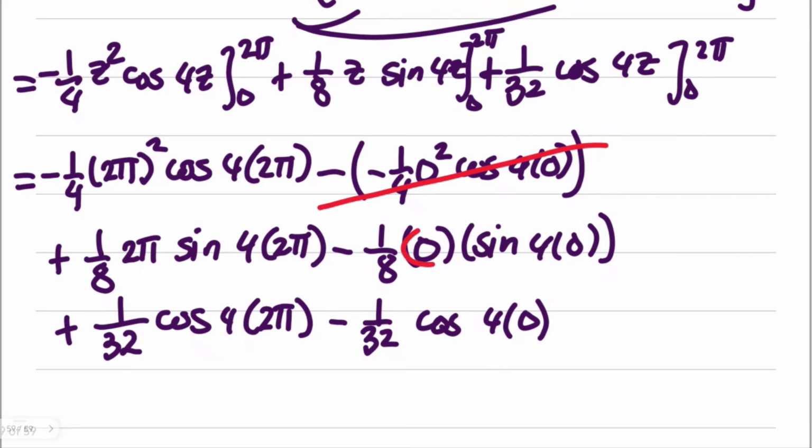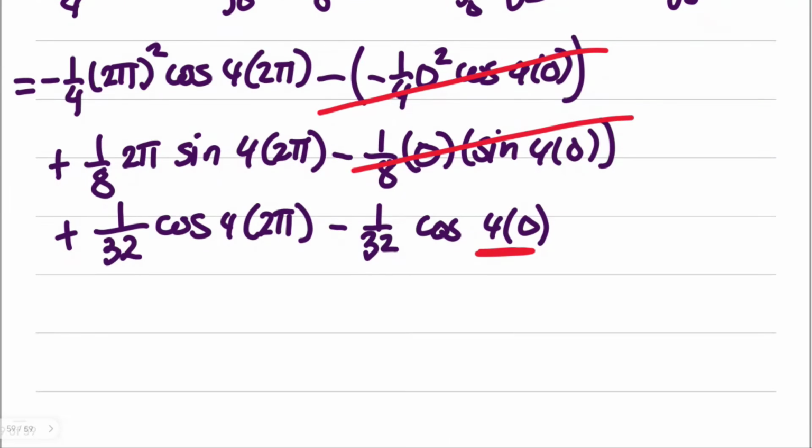This is also a 0 factor, so that's 0. Cosine 4 times 0, or cosine 0, is 1. So it stays as it is. Don't forget about that. So let's have here negative 1/4 pi, the square of 2 pi is 4 pi squared.